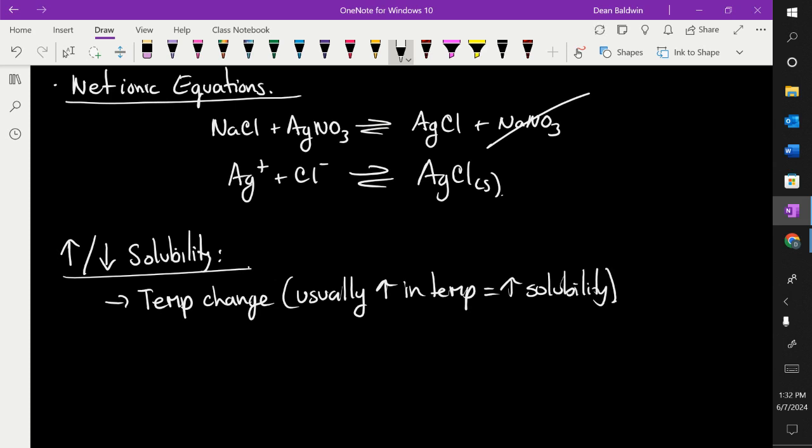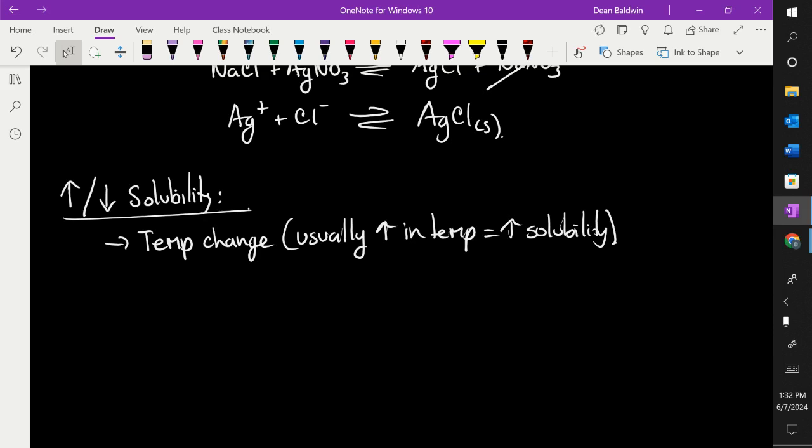If you increase the temperature, usually you get an increase in solubility. That is not always the case. For example, gases do not dissolve well in warm water. They dissolve better in colder water. And there are some solids, one of the ones we looked at was cesium something, that is more soluble at a lower temperature.